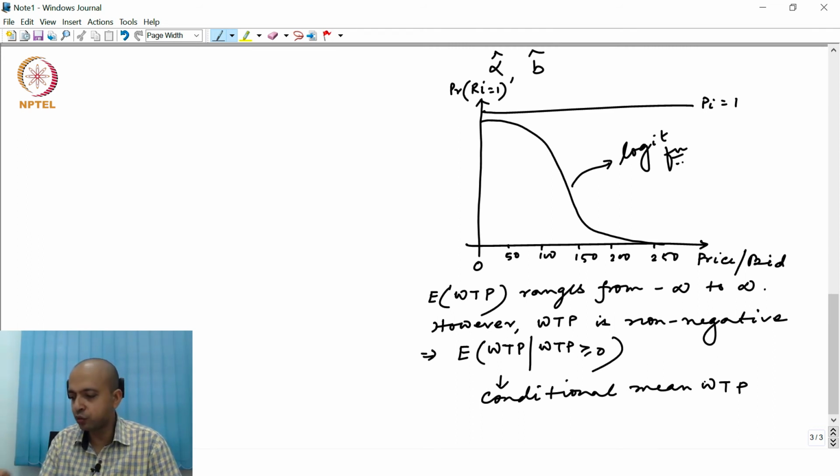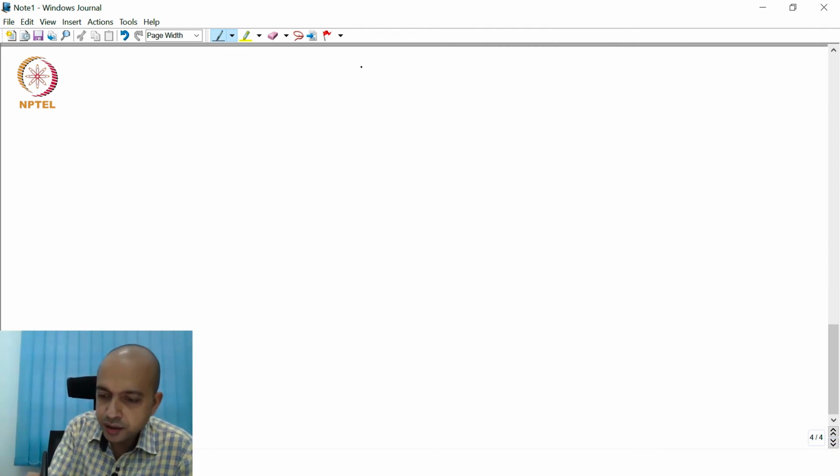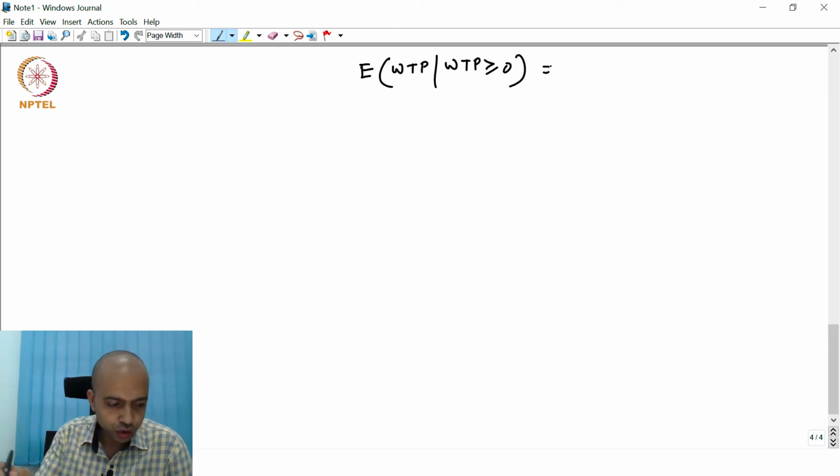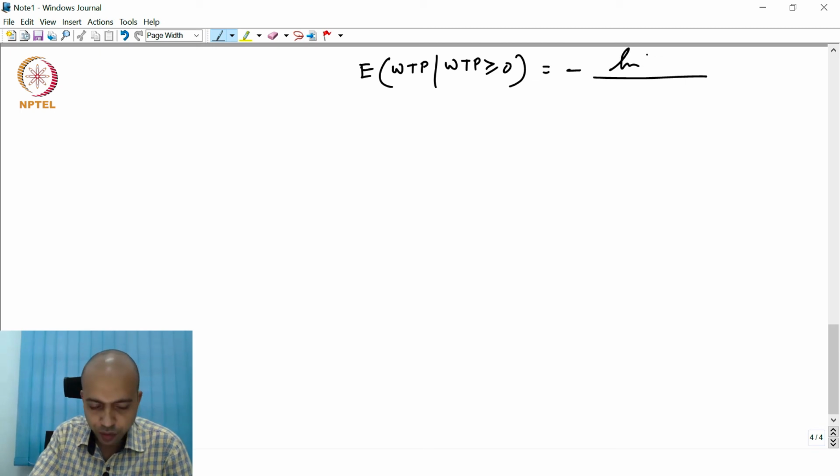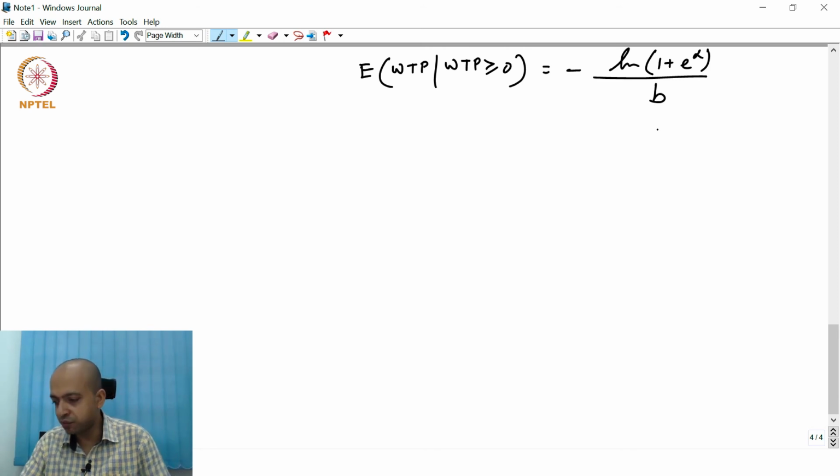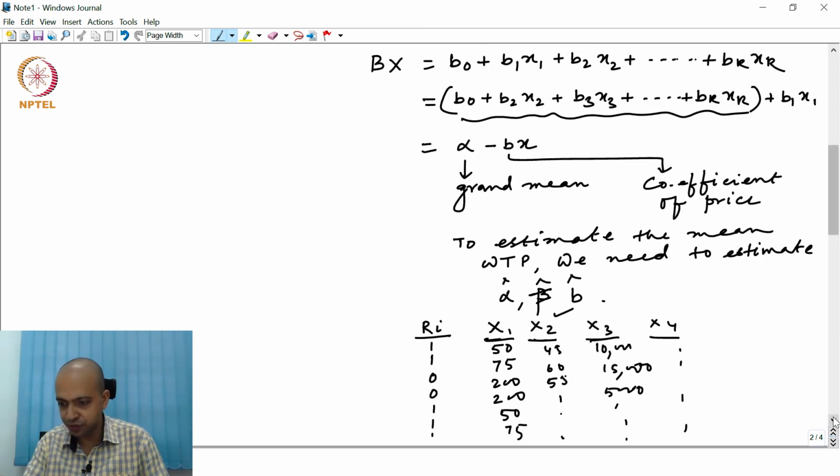That is the expectation of WTP given WTP is greater than or equal to 0, which equals minus log of 1 plus e to the power alpha, divided by b. This b is the b we have discussed earlier, that means the coefficient of price.